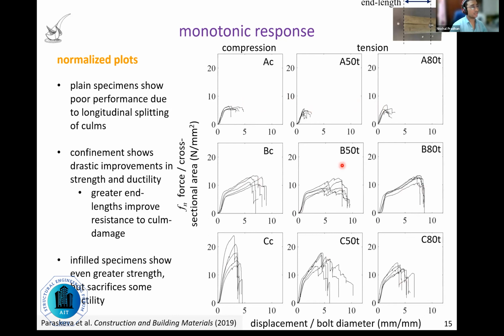You have to realize that we are getting a magnitude of improvement here, like 2 to 3 times more strength, 2 to 3 times more ductility, just by adding a very small increase in cost in the form of hose clamps. So given this result, I would always choose to confine connections with the help of hose clamps. You can use infill to get a little bit higher strength, but you are losing ductility again in the process.